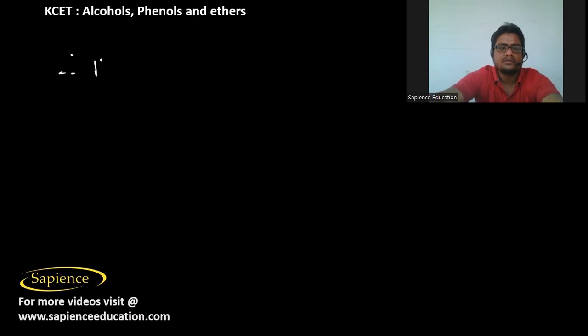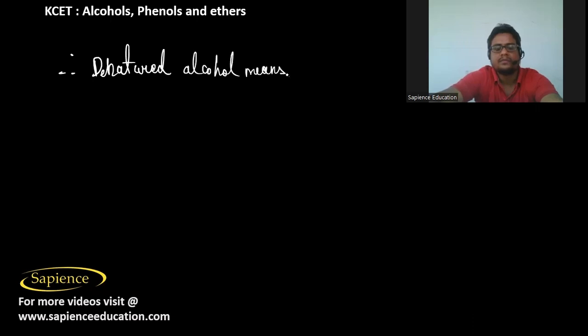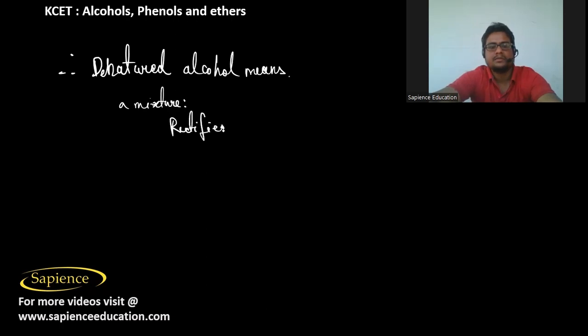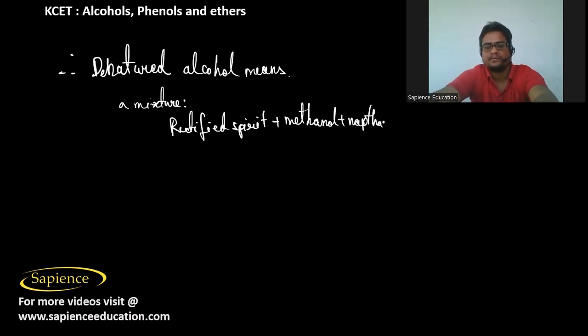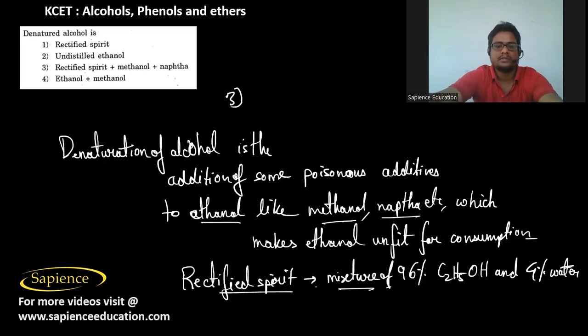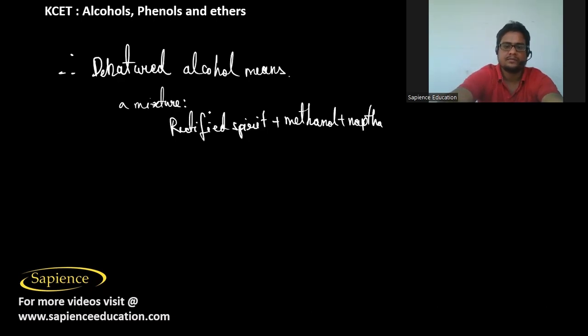Therefore, denatured alcohol is a mixture of rectified spirit with methanol and with naphtha. So it means that option 3 is the correct answer.